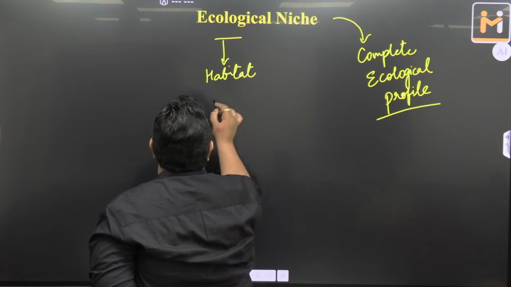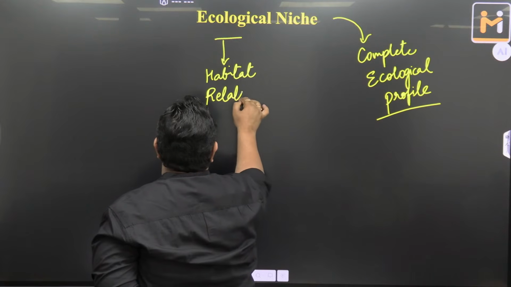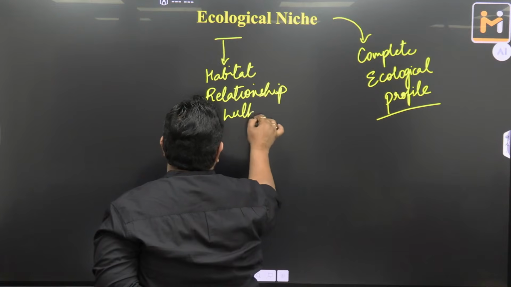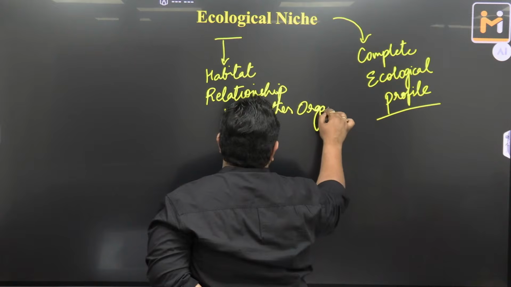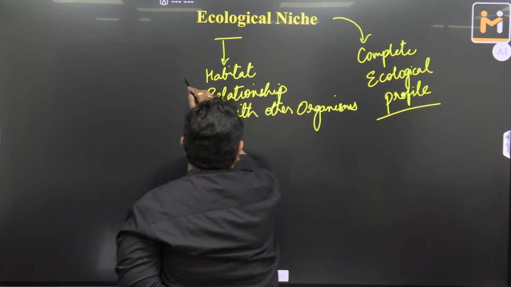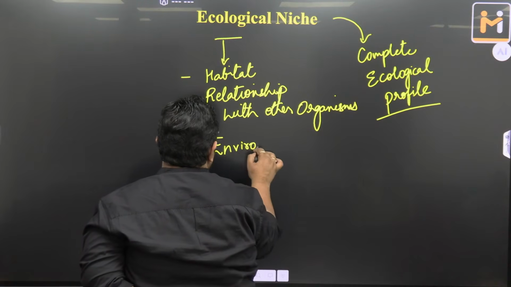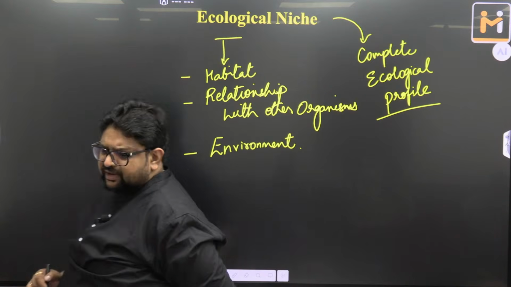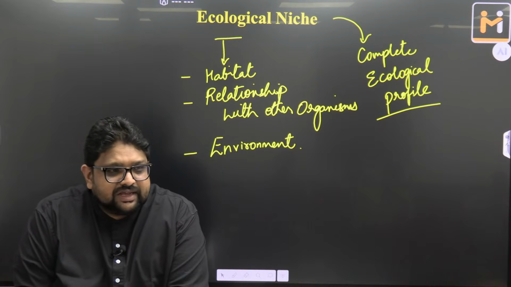It includes its relationship with other organisms. It includes the environmental conditions in which it is living. It includes many other things. What does it do in the environment?